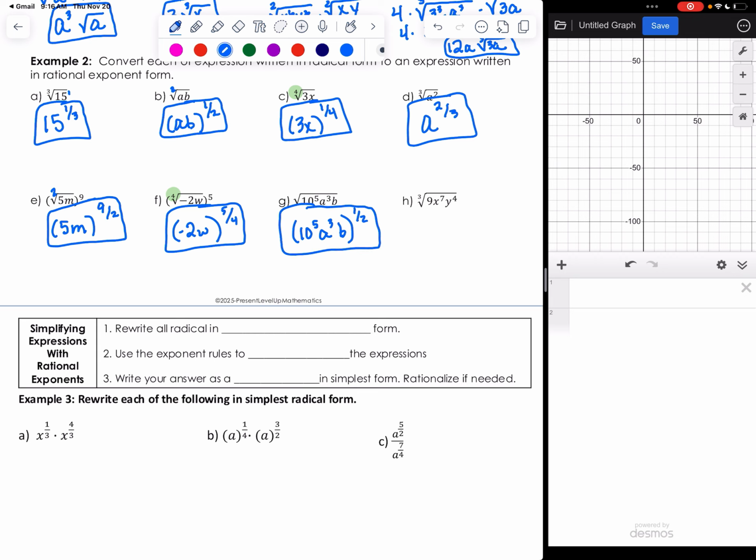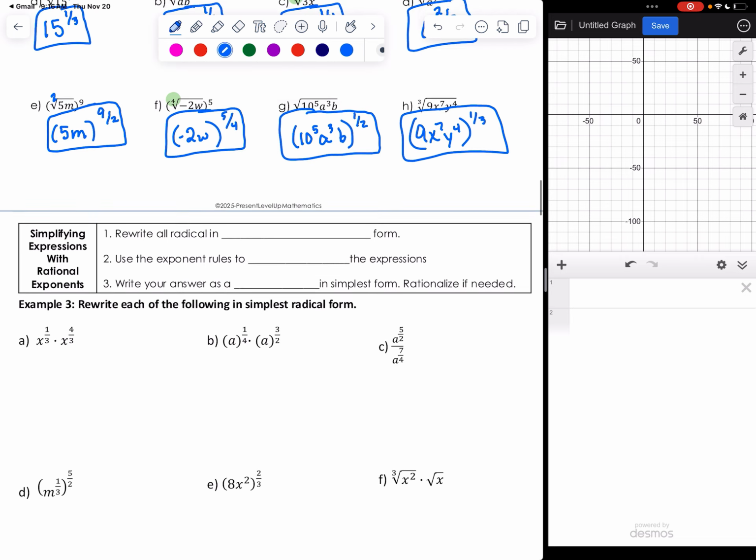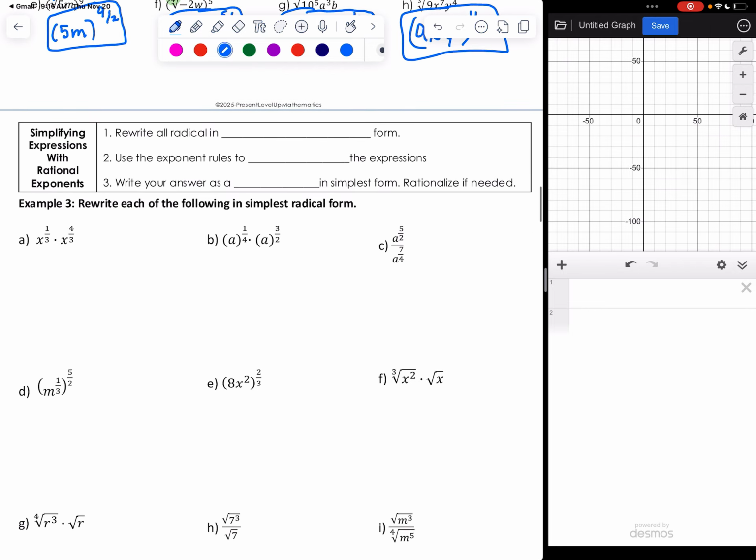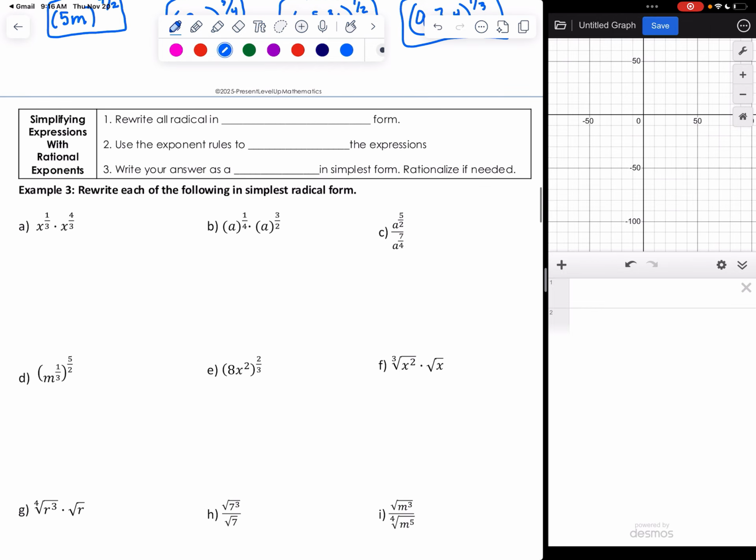All right, try problem H on your own. All right, welcome back. Let's see, I rewrote this as 9x to the 7, y to the 4, raised to the 1/3 power. Now, in our next set of problems, we're going to simplify expressions with rational exponents, and we're going to follow these steps.